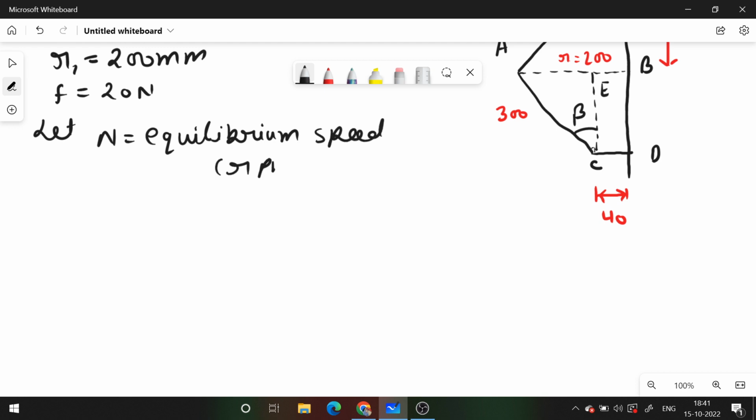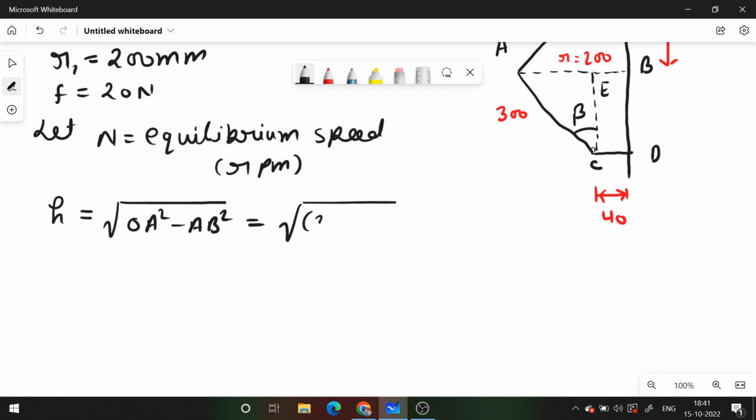In rotation per minute. Now from the upper triangle OAB, height of the governor will be equal to the under root OA square minus AB square. Is it clear? Here the distance of OA is 300 mm and AB is 200 mm.